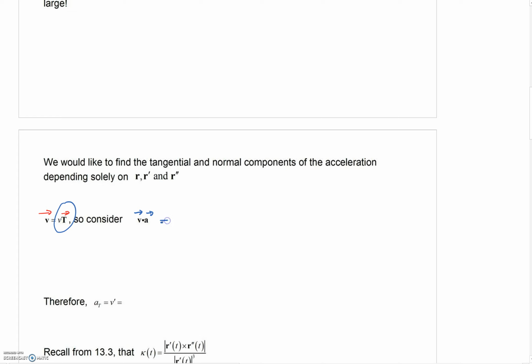Instead of writing velocity vector v, let's write little v times our T with the arrow, and we're going to dot product that with what we just found our acceleration vector to be. We broke it into a tangent component and a normal component, and I'm just going to rewrite that right there.